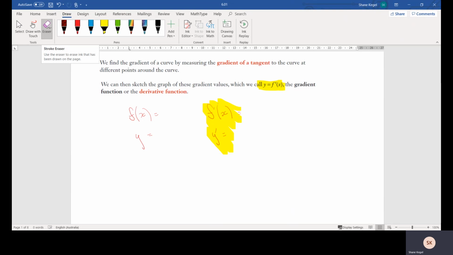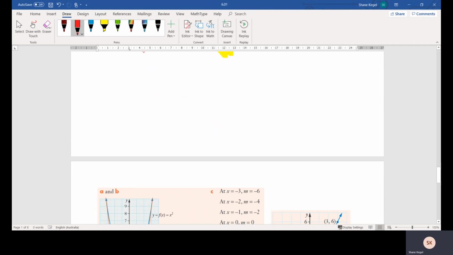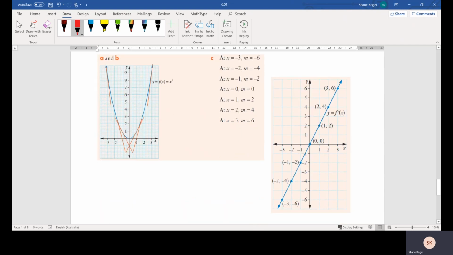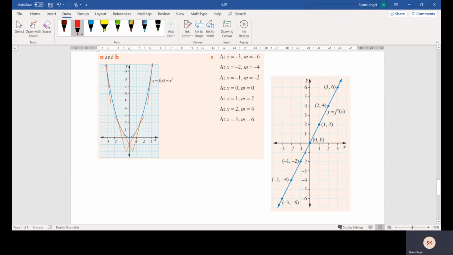Let's have a look at another example. Here they were asked to graph the gradient function, or f dash of x, of this function. Our function itself is x squared, which is quite a common graph that you're all used to. We can see the gradient starts off as negative to a turning point at 0, and then becomes positive.